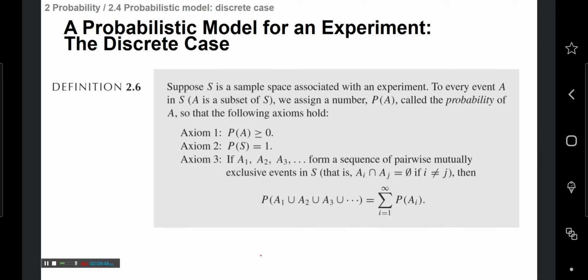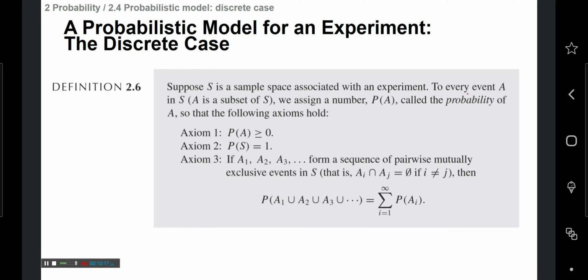And Definition 2.6 describes the axioms of probability. So from this point, we are expressing probability in a mathematical way. Suppose S is a sample space associated with an experiment.